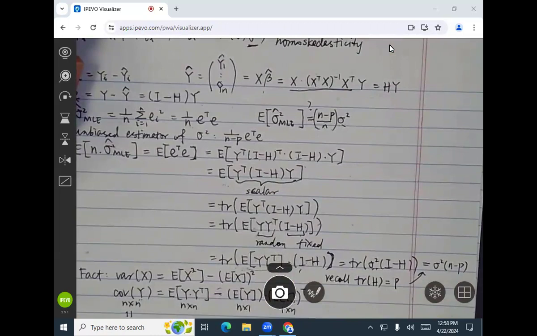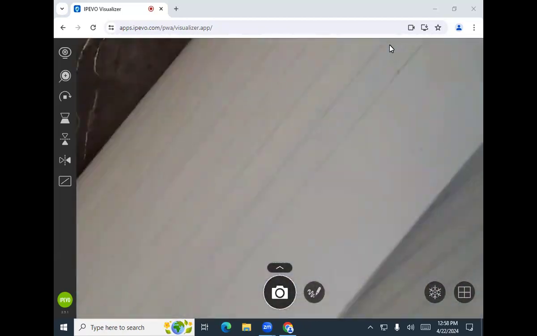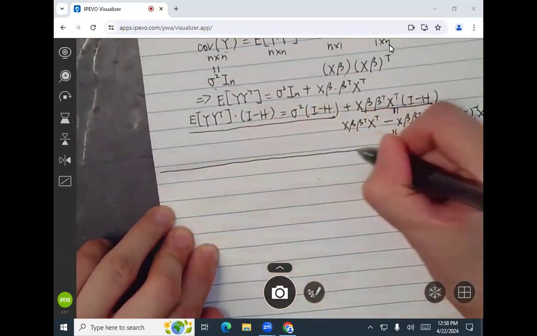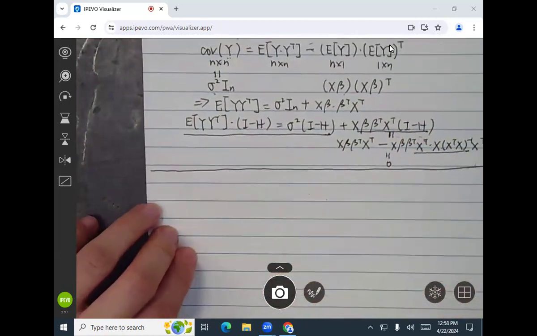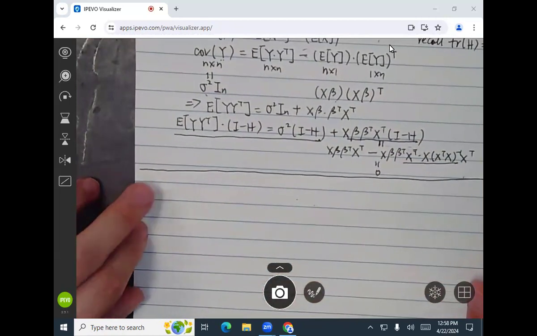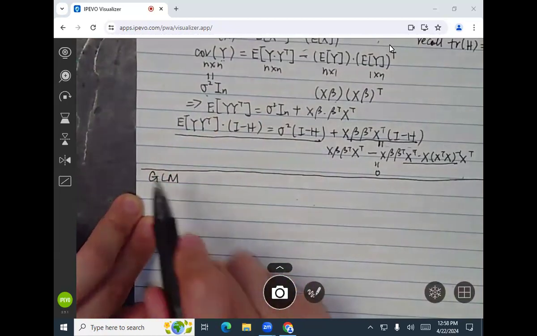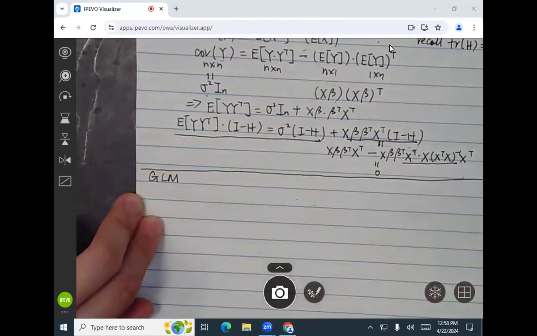Now today we will continue with our discussion about the generalized linear model, GLM theory. So in the general form of GLM, generalized means that we want to go beyond Gaussian.